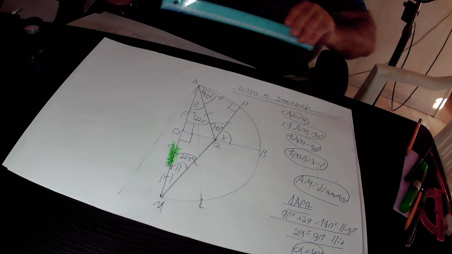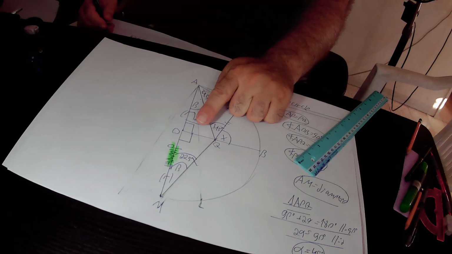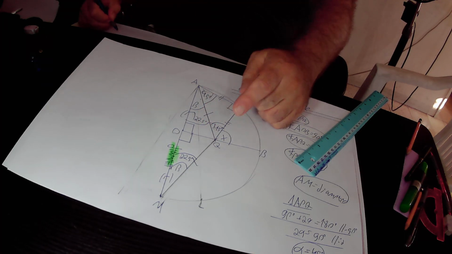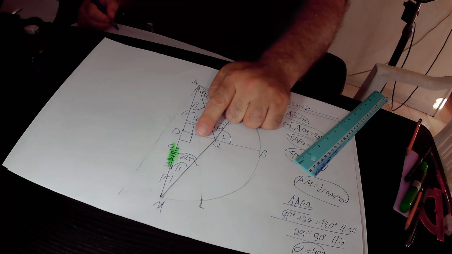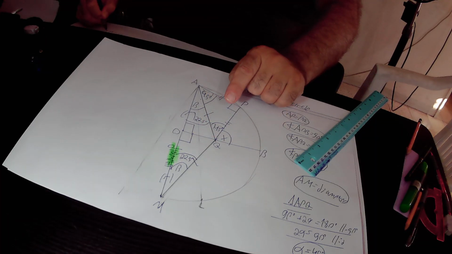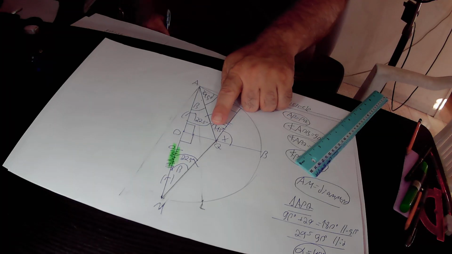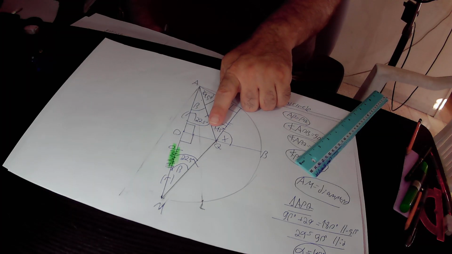We have this angle that is the right angle, equal to 90 degrees in its size, plus this angle beta that is equal to 22.5 degrees in its size, plus this missing angle that is actually angle OQM.